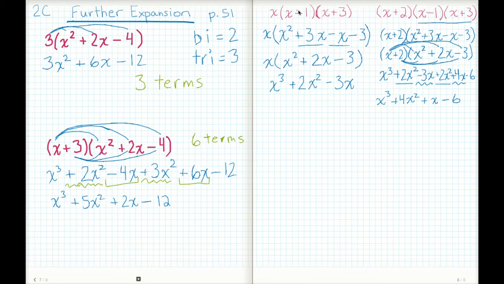And here, we didn't actually quite show this, because I added the like terms together, but if I had done it without adding like terms together, there would have been 1, 2, 3, 4 terms. This is the number of terms before you add like terms together, just from the actual expansion.